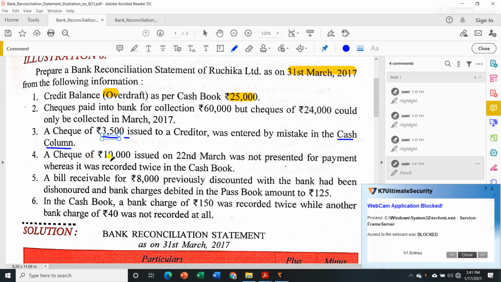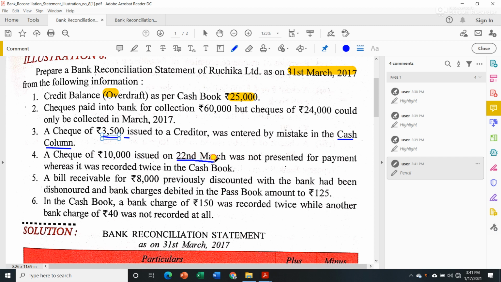Then next is a check of 10,000 issued on 22nd March. So according to cash book we paid a check of rupees 10,000 on 22nd March, but it was not presented for payment, whereas it was recorded twice in the cash book. Means we issued a check of 10,000 on 22nd March, but it was recorded twice. That means twice of 10,000 is 20,000.